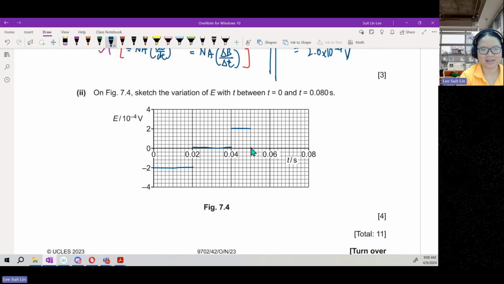And then here it will be constant. And as usual, I will extend the dotted line. And also, I'll draw full lines. Why not? 4 marks.